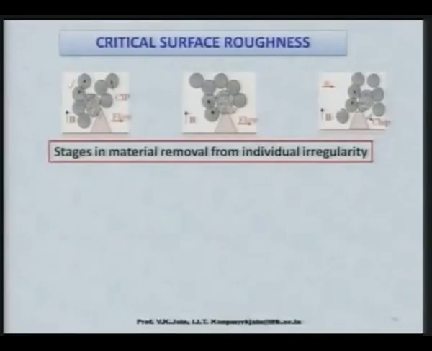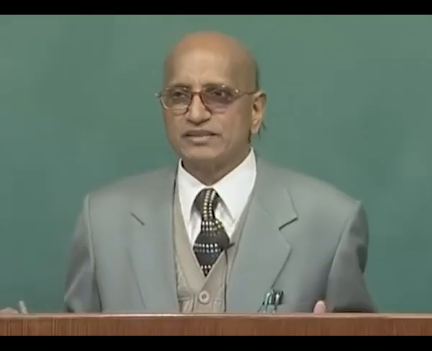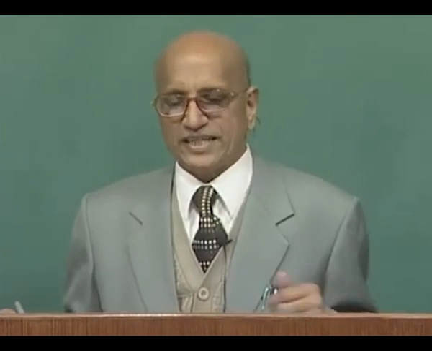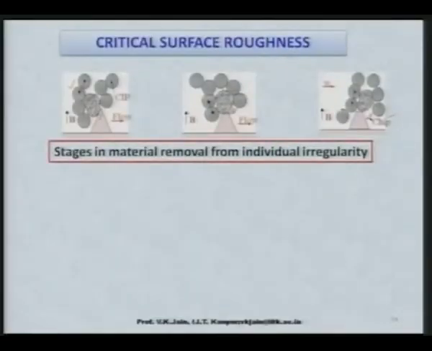This microchip gets separated out as the whole chain of ferromagnetic particles and abrasive particles keeps moving in the axial, or rather tangential, direction. So, you get the material removed in the form of micro or nano chips. Actually, in this way it works, and in three stages we have tried to explain this mechanism.